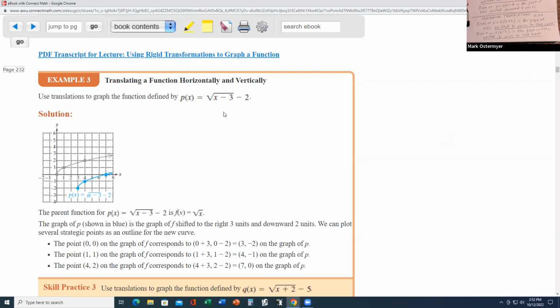You can pick a point on the gray graph and shift it 3 units to the right, 1, 2, 3, and then down 2 units, 1, 2, and plot the point. Do that with another point as well. You now get this blue curve, the graph of the new function p of x, which illustrates the 3-unit right shift and the 2-unit down shift of the original basic square root function graph.